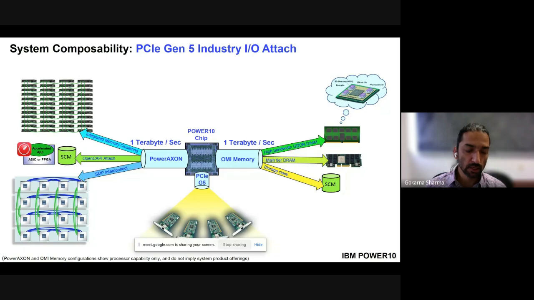You can have this connection here. It also provides the input-output attach at a similar scale, almost 1 terabyte per second bandwidth, this PCI. And this is also improved from the previous versions of Power processors to this processor.